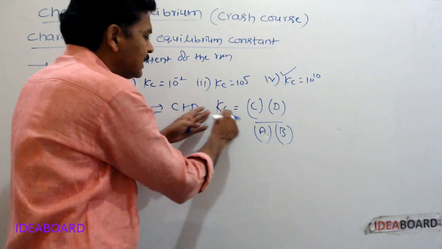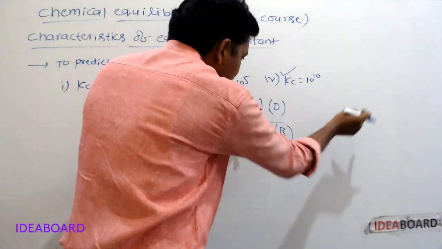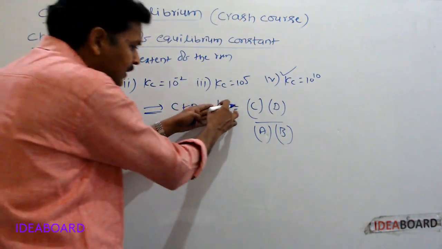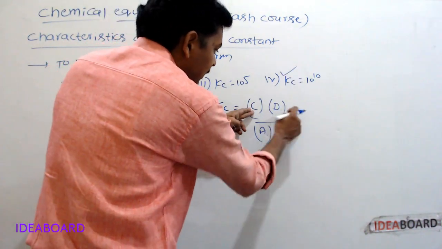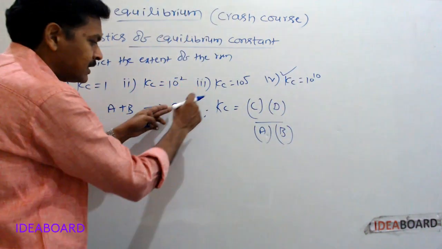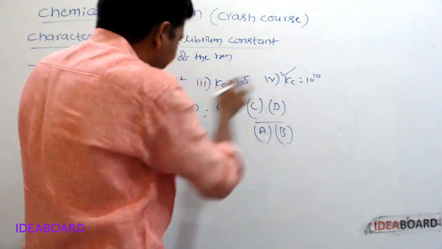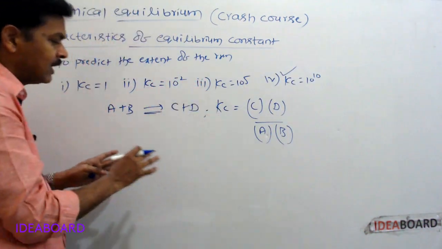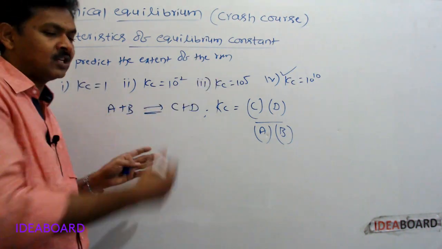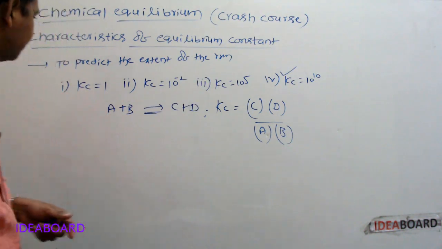Here, Kc value is more means product concentration will be more. When will Kc value be more? If product concentration is more, then Kc value will be more. Kc value is more means product concentration is more. That means the reaction goes to more completion towards product sides.